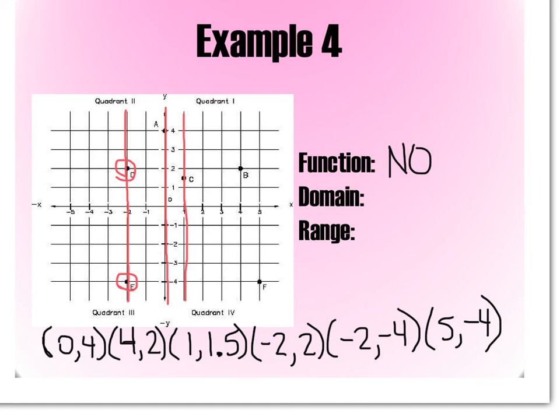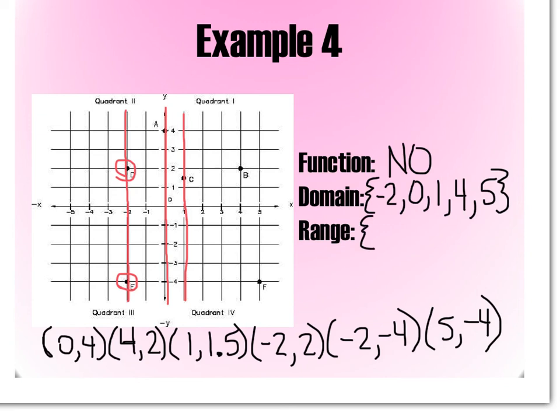Okay. Now we've got to write our domain. So again, we do our fancy braces, and I look there and the lowest value I see for our x values is -2. Then I see 0. Next I see 1, and then 4 and 5. So this would be our domain. Next we got to go to our range.